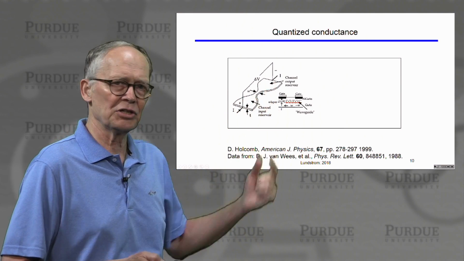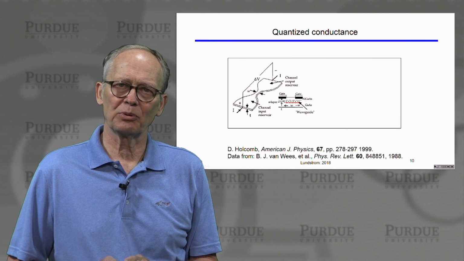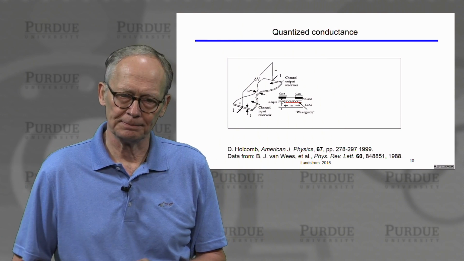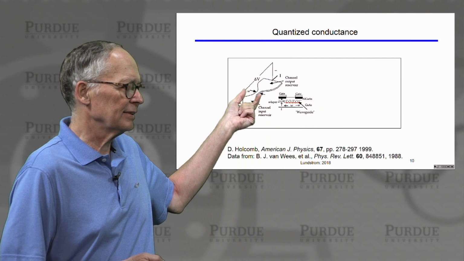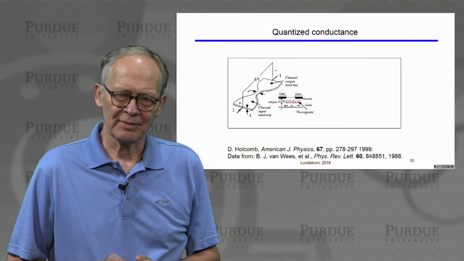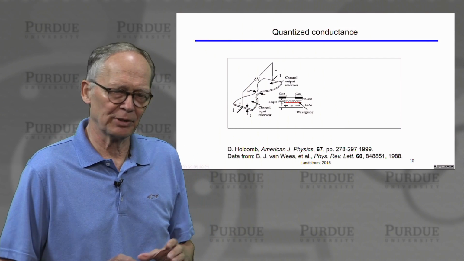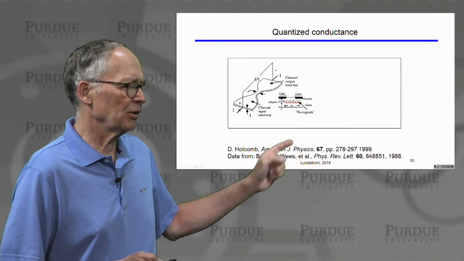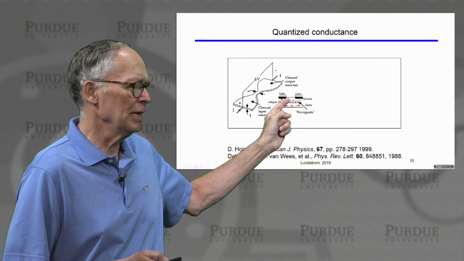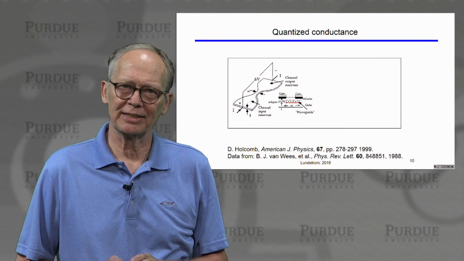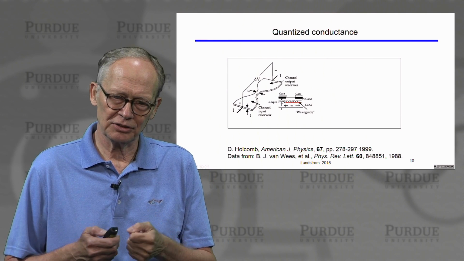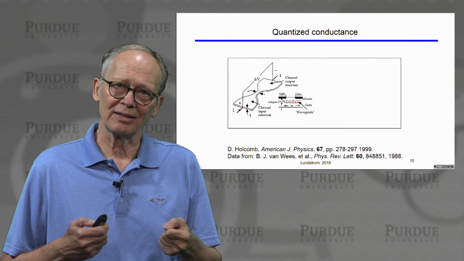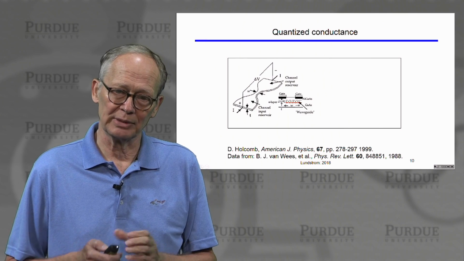The length is short enough that we can approximate the transmission by 1. The width of this is given by W. And the special feature about this experiment is that the width is electrically controlled by 2 metal plates that are known as Schottky barriers. By applying voltages to these Schottky barriers, we can electrically control the width of this resistor.